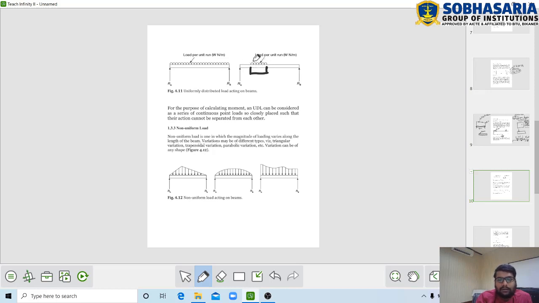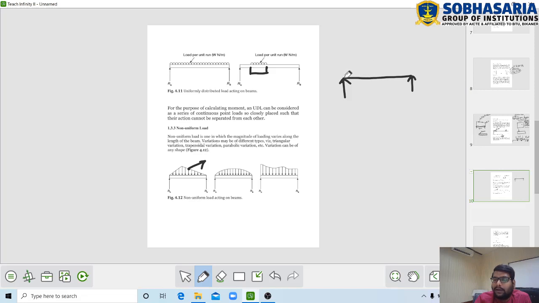So, what if the load which is acting is not uniform? It is a non-uniform load. It can be varying, like this is also a non-uniform load, like any uneven object, or there are some complex arrangements of materials.